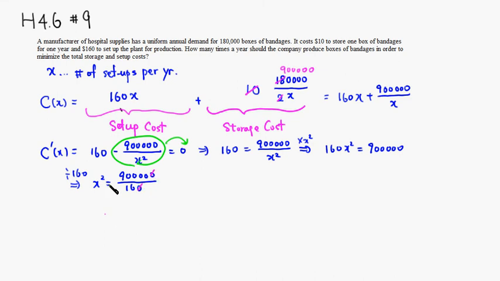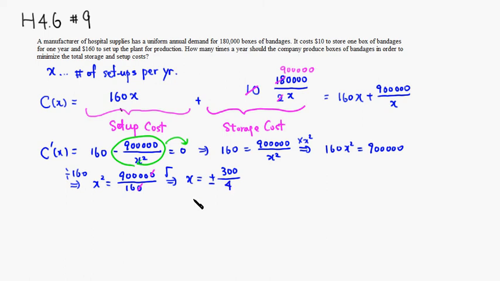Then you cancel zeros. This is actually kind of nice, because if you take the square root of both sides, x is going to be plus or minus. The square root of 90,000 is 300, and the square root of 16 is 4.